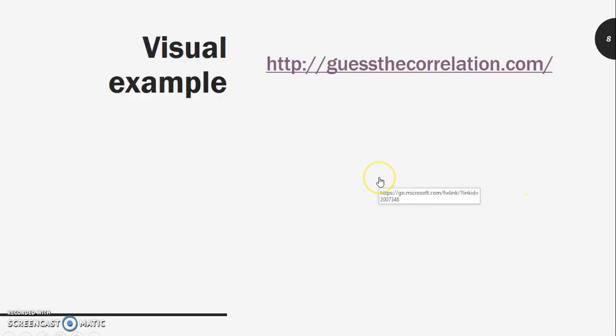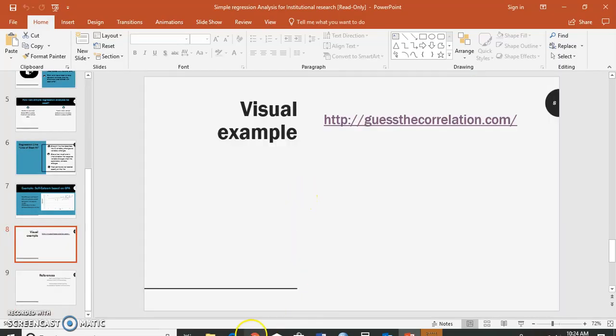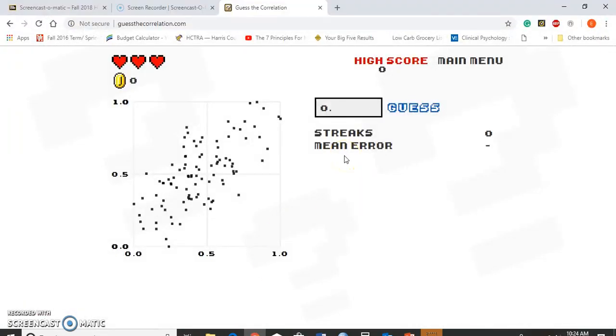And so here we're going to take a look at a visual example. It's a little game called Guess the Correlation, and it is accessible to you if you would like to play as well. Essentially, we're trying to guess r based on this graph.